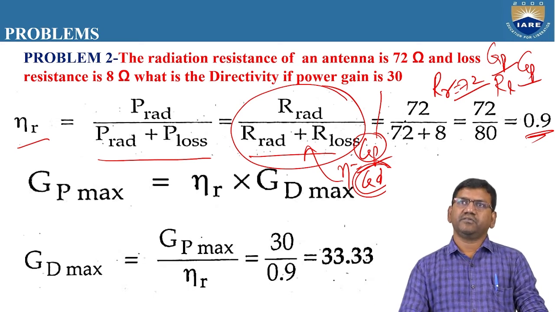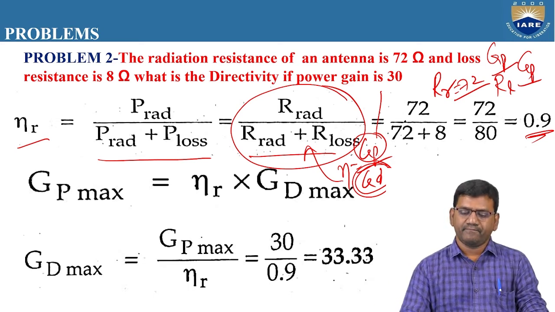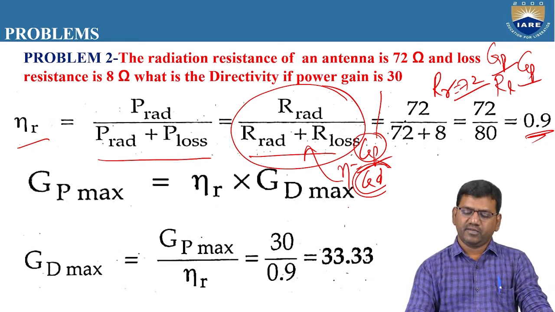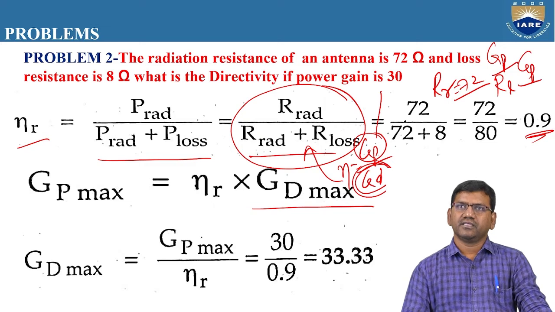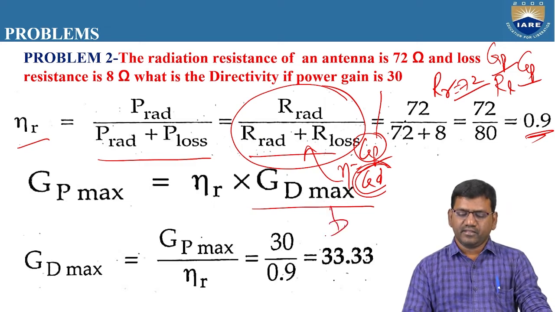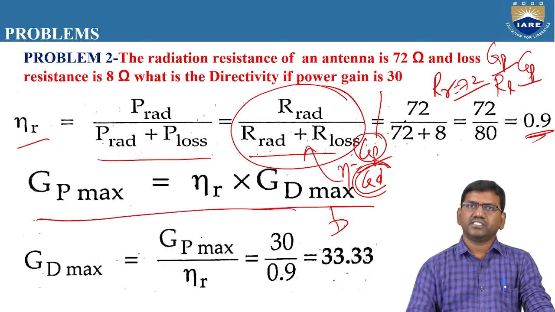The maximum directive gain is also known as the directivity. We have represented it as GD max here. So from this expression, you can directly find GD max.